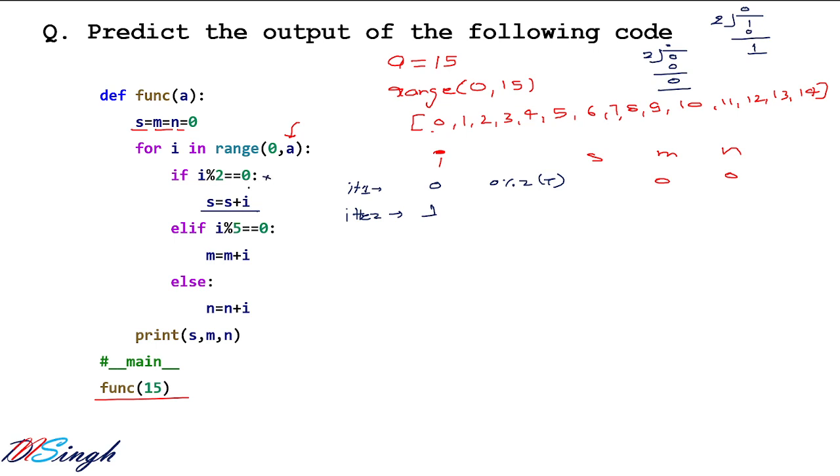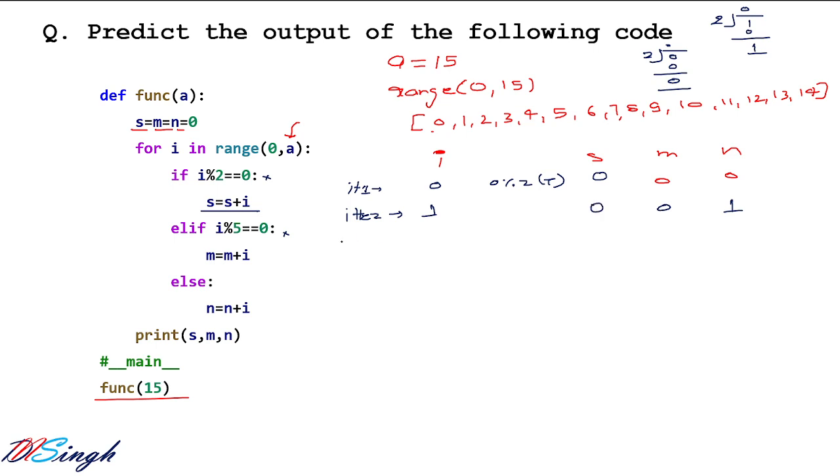So this condition is false. Then we will check the elif part. Again, if you divide 1 by 5, the remainder will be 1, not 0. So this condition is also false. Then it will go to the else part, where n equal to n plus I. The value of n for now is 0 and n is added with 1, so it will become 1. M is 0, s is 0.